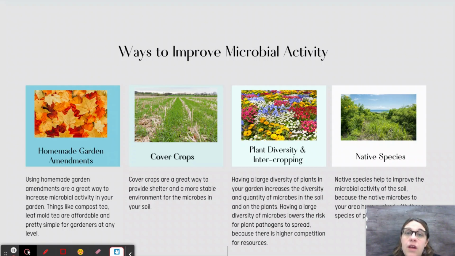Another option is to use cover crops. So when you don't have anything growing or that you don't need anything growing on your farm or garden, planting things like maybe winter rye or a wide variety of different crops that you can mow down, and maybe in those winter months, instead of having bare soil, having something growing and living in your soil as much as possible will just help those microbes survive.